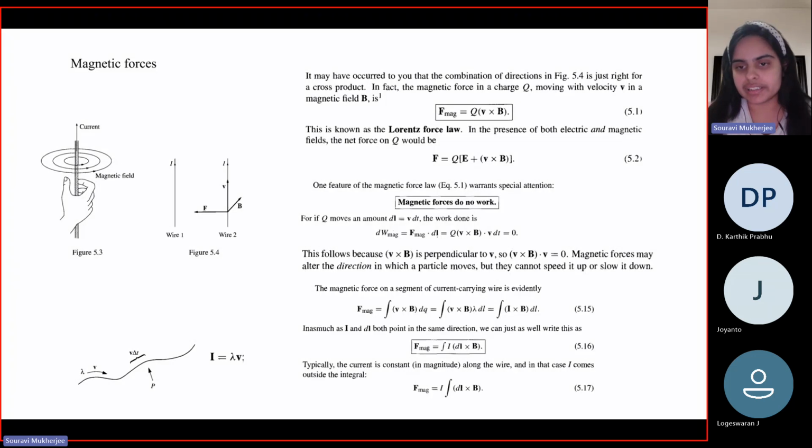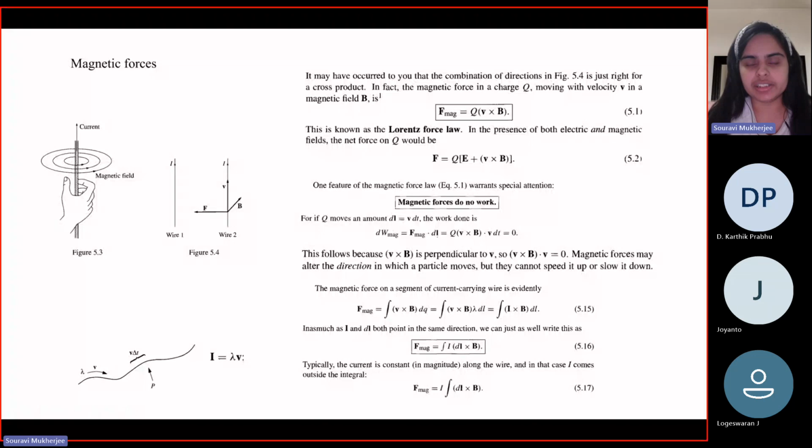Now, what is steady current? It's basically charges moving, right? If you have a current carrying wire, and the current is along, suppose, the vertical Z direction, then it will produce magnetic field lines circling around the wire, right? And this is what is called the right hand thumb rule.